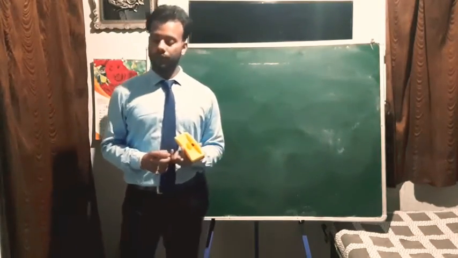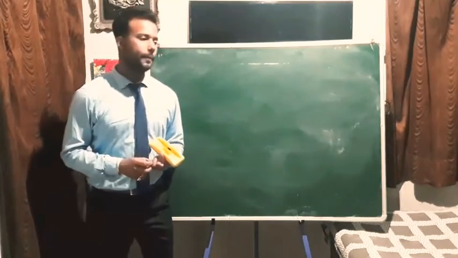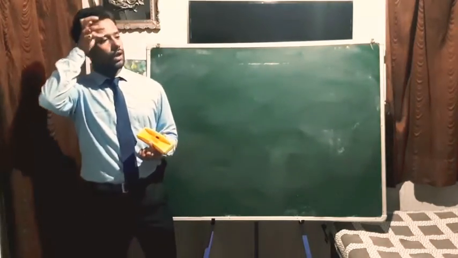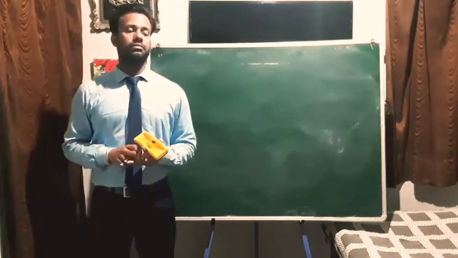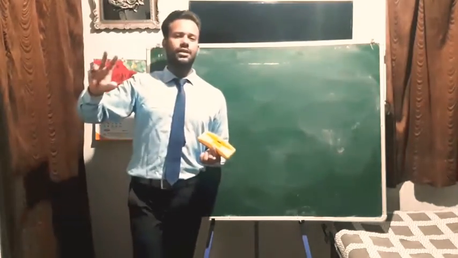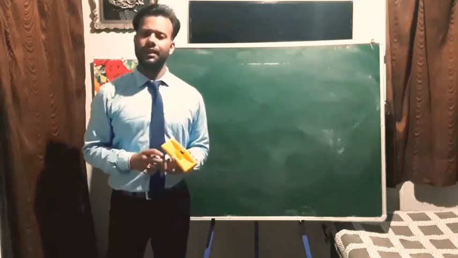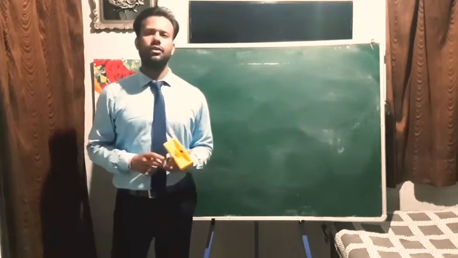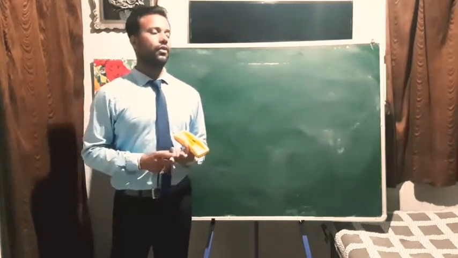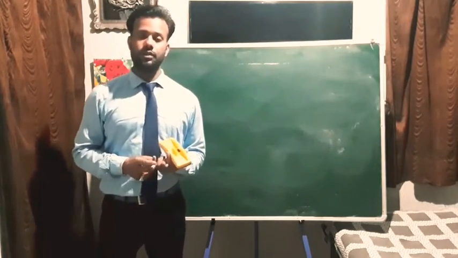Next chapter we have units and dimensions. This chapter you have already done in class 9th. The unit part is not so different. It is quite the same as you studied in class 9th, like what are the types of systems, what are the fundamental quantities, and so on.